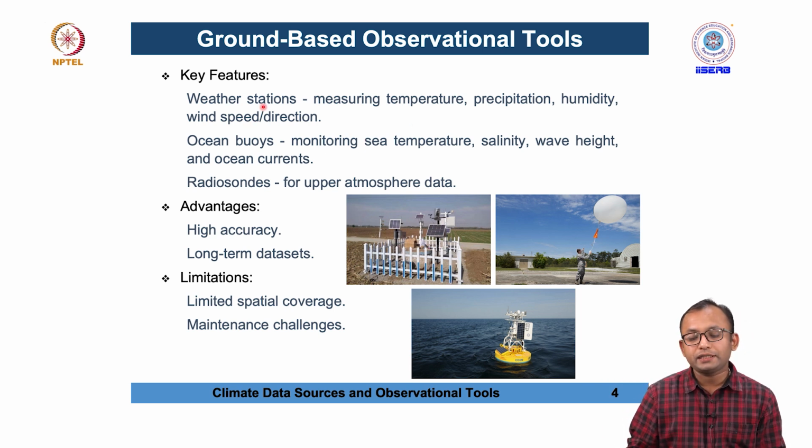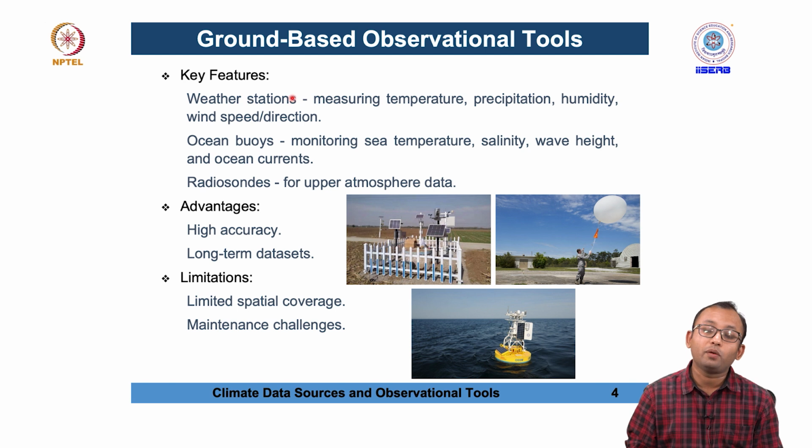These weather stations are generally installed in ground areas, or in different parts of the country where we have several weather stations. They are also installed in high mountainous regions, for example the Himalayas, so that we can have a better understanding about different types of weather parameters.